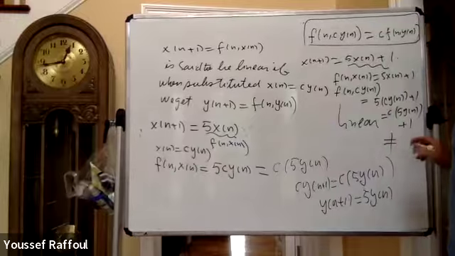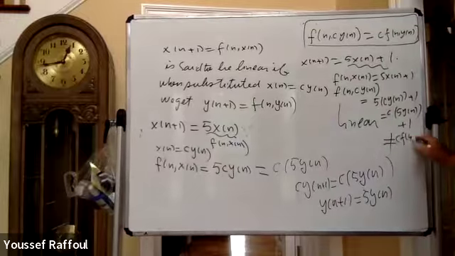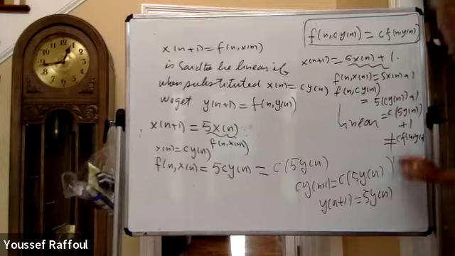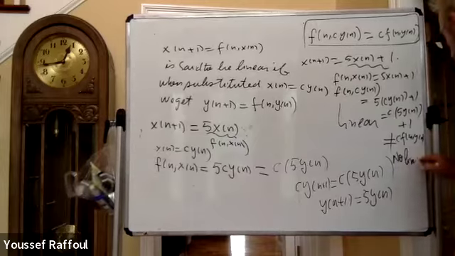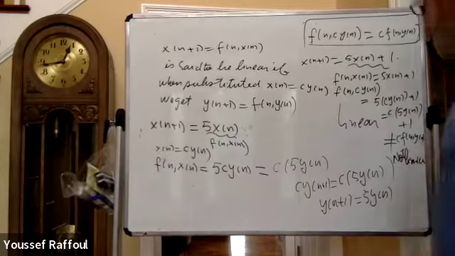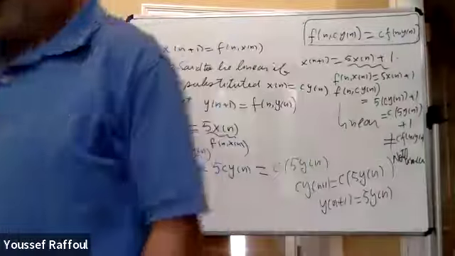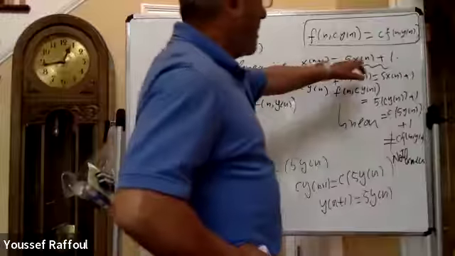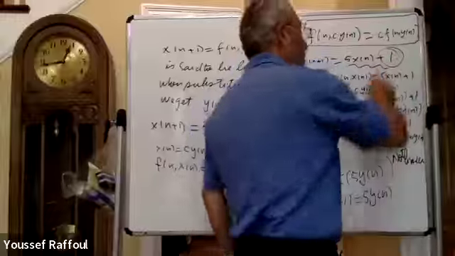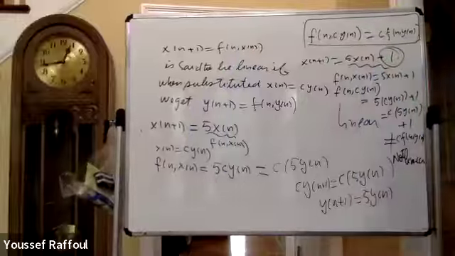That is different from c f_n(y_n), so it is not linear. Just because we added 1, it's not linear. Okay?